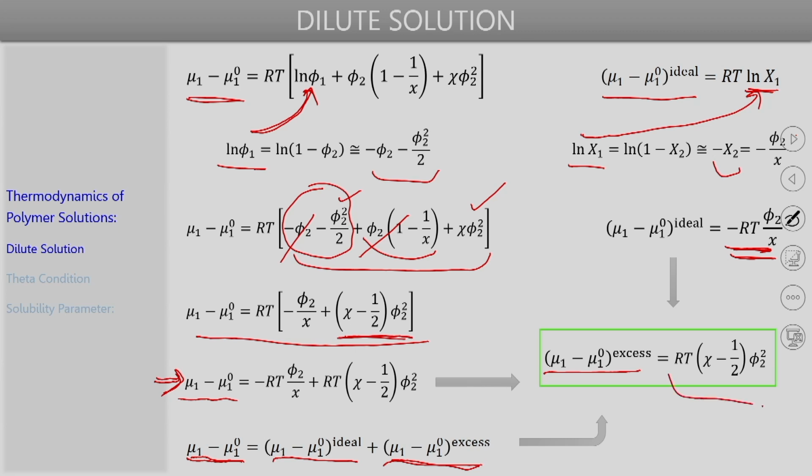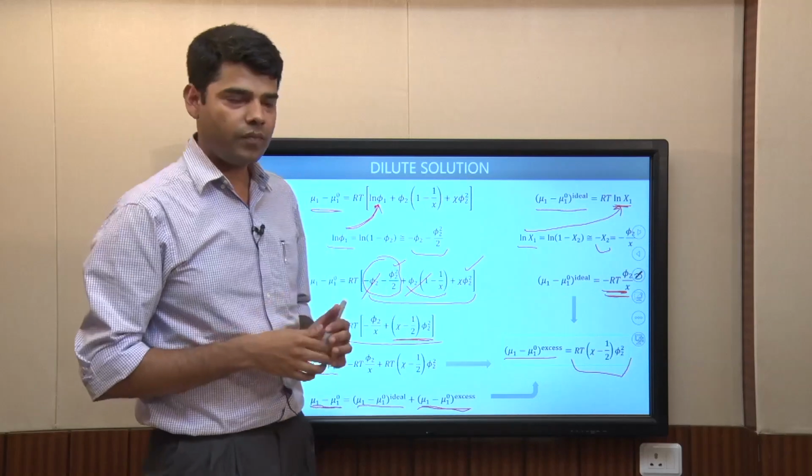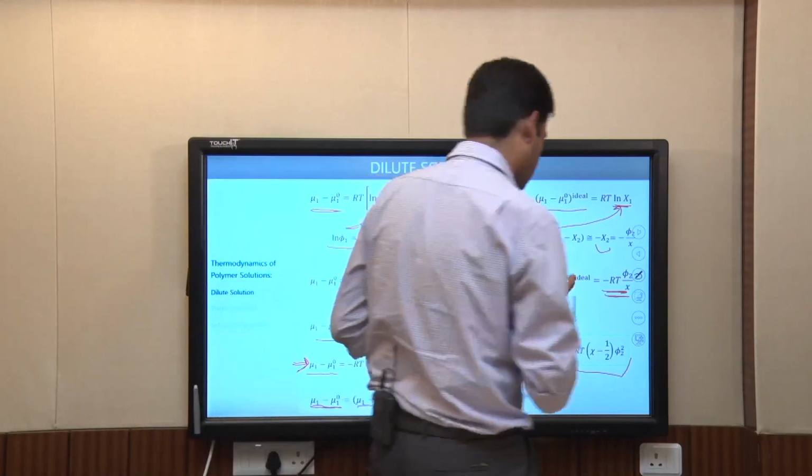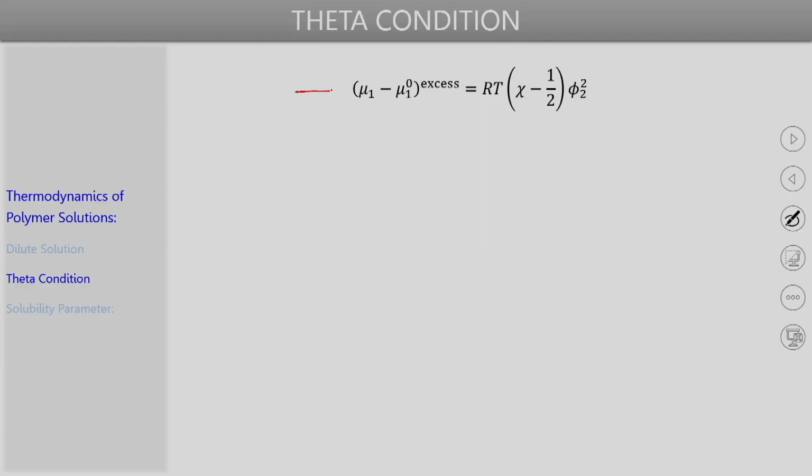That is the expression of interest for us with regards to a dilute solution if we are trying to apply the Flory-Huggins theory to describe its behavior. This is the expression we have just developed for the excess contribution to the chemical potential difference for a dilute polymer solution within the framework of Flory-Huggins theory.